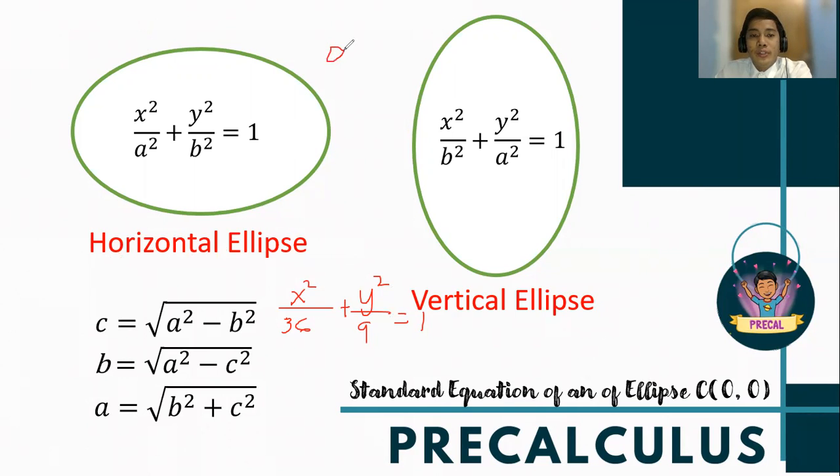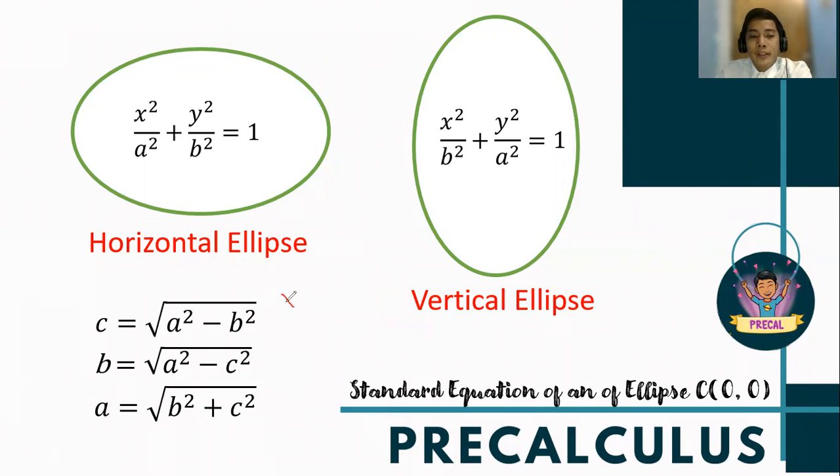Again, do not forget this rule: a is greater than b. Since this is a squared, a will be plus or minus 6. Then this is b squared, so b is plus or minus 3. Notice that the x part is bigger, so therefore this is a horizontal ellipse.